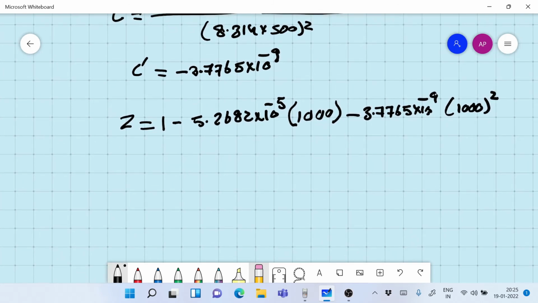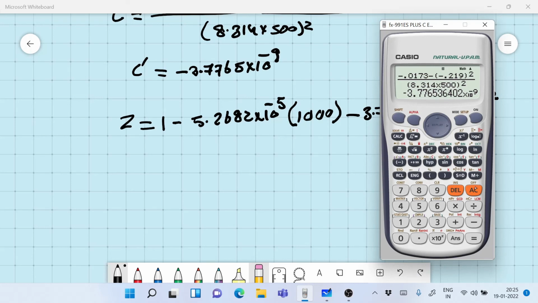Right? So let's check what is the value of Z we get now.